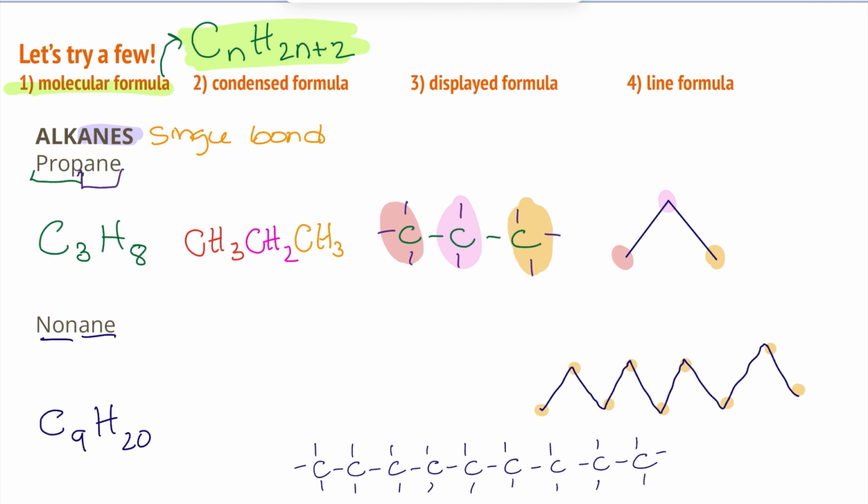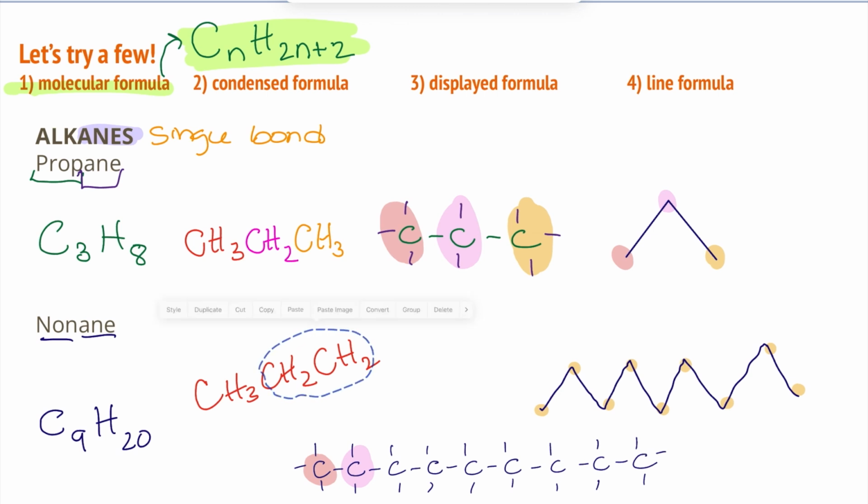I have that first carbon, this one right here, and that has 3 hydrogens, so CH3. And then I have my next one, CH2, and I can go ahead and list. I'm going to have that CH2. I'm going to have 1, 2, 3, 4, 5, 6, 7 of those CH2s.